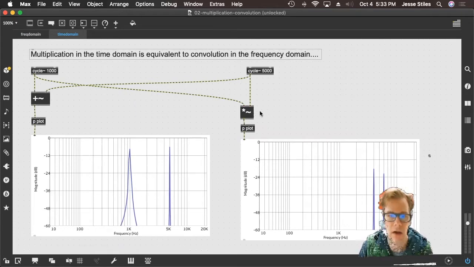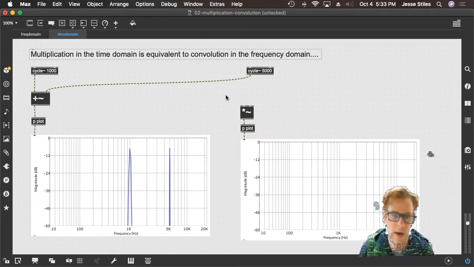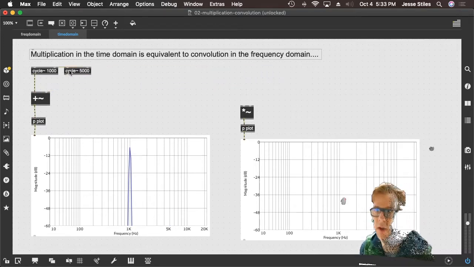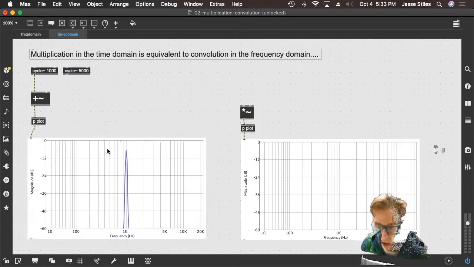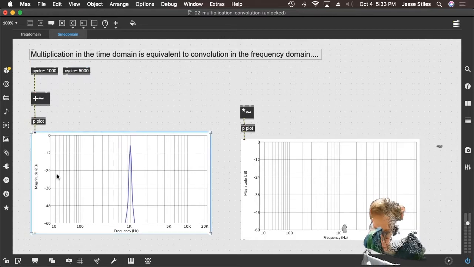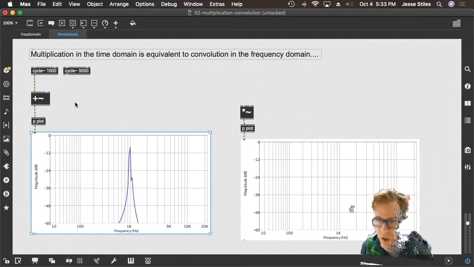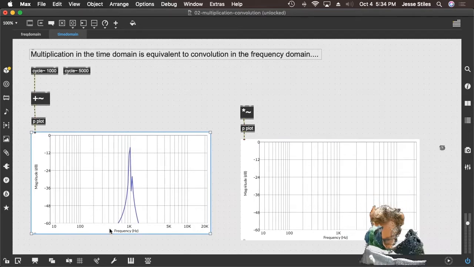All right, let's start off by just looking at what happens when we add together two different audio signals and plot them in the frequency domain. So on our y-axis, we've got magnitude or amplitude, this measurement of energy in the signal, and our x-axis is frequencies.